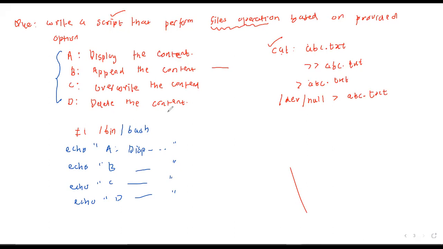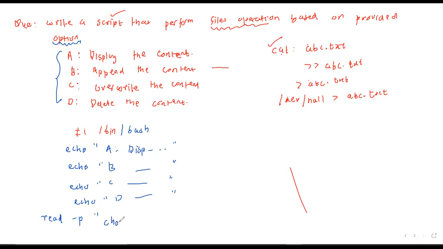Now after writing this, we want to enter a value. See, file operations are based on the provided option, so we have to give an option. For that we define a variable, and we use the read command.